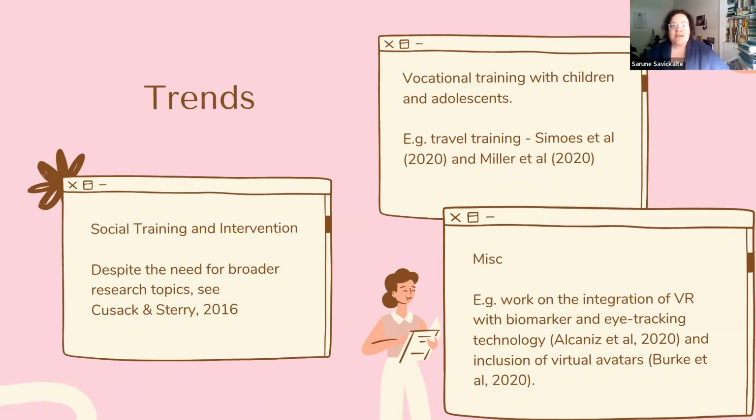But for the time being, it's just several papers and several groups looking into work such as integrating additional technology like biomarkers or eye tracking, or including things like avatars. So it's clearly a lot of interesting and important work taking place. However, it doesn't seem to have a very clear trend in the literature, like social training or vocational training in younger population.